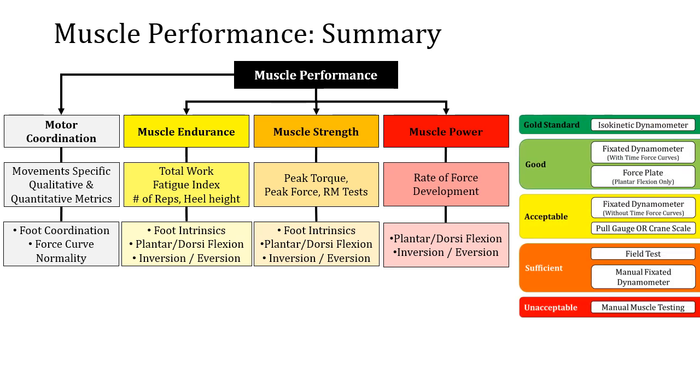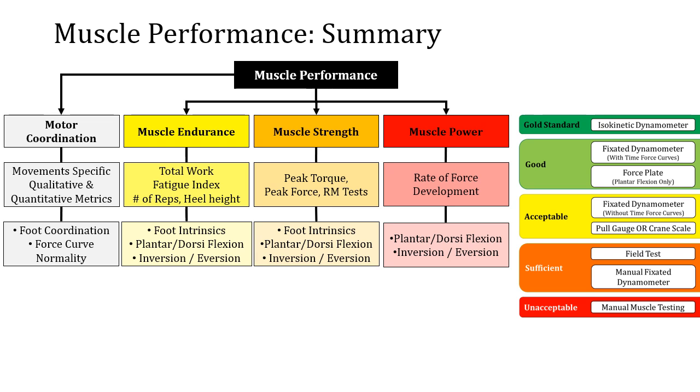And then for muscle power, we looked at the ankle dorsiflexion and plantar flexion, as well as the inversion and eversion. We also spoke about the fact that not all tests are created equal, and that there is a hierarchy here, with the gold standard being our isokinetic. If we can isolate or fixate our dynamometers and isolate the force and the muscle power output, that would be advantageous, especially if these have force time curves. Our force plate can be acceptable predominantly for our plantar flexion force outcomes, but is of limited utility unless we get really creative with our setup for the other ankle motions and/or for the foot.